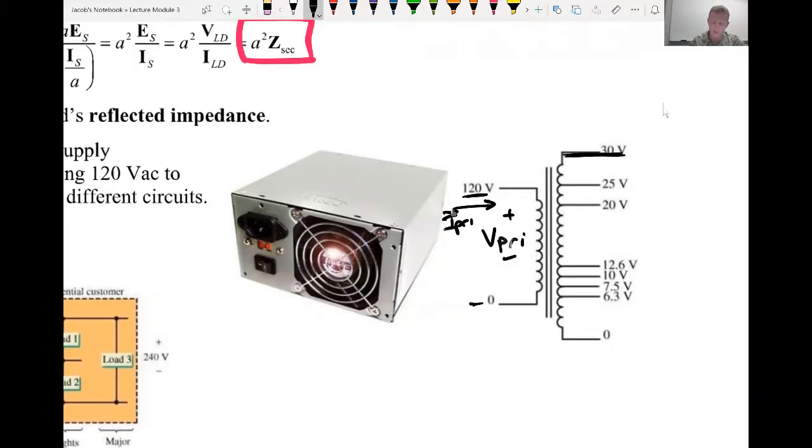And so I could send an output wire here and a ground wire here, and that would have a turns ratio of 4 to 1, 120 volts, 30 volts on the other side. At the same time, with the same exact set of coils, I can just tap it. I tap a wire inside that coil, and now I have a 10 volt potential difference across the V secondary, and that one would have a 12 to 1 ratio. So with one magnetic field, I can generate multiple currents that are going to then flow out of these wires and multiple voltages that are going to be across them.